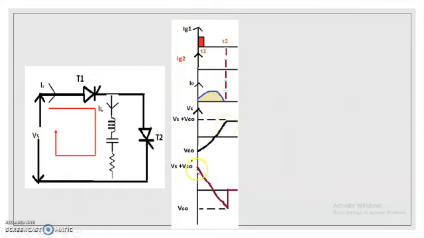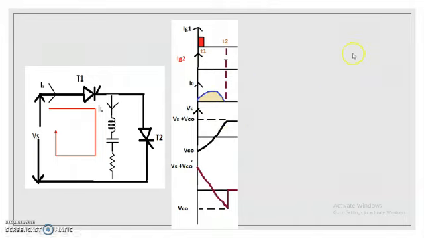So, initially the inductor voltage will be Vs plus Vc0. It starts to decrease and it becomes Vc0 in the negative direction, whereas the capacitor voltage increases and reaches a level Vs plus Vc0. At that time, the load current becomes 0.